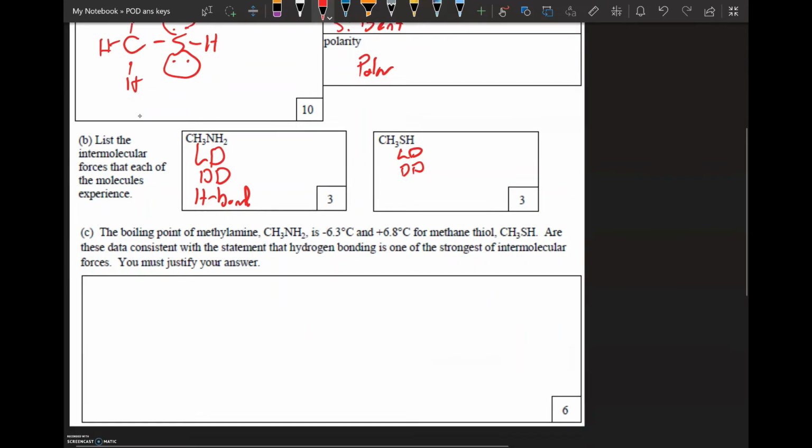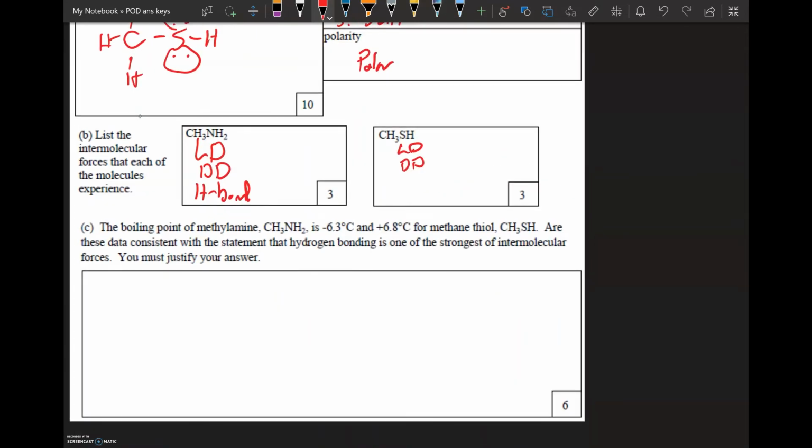So looking at the last little bit in this problem set, it says the boiling point of methylamine is negative 6.3 degrees Celsius and plus 6.8 degrees Celsius for methane thiol. Are these data consistent with the statement that hydrogen bonding is one of the strongest of intermolecular forces?